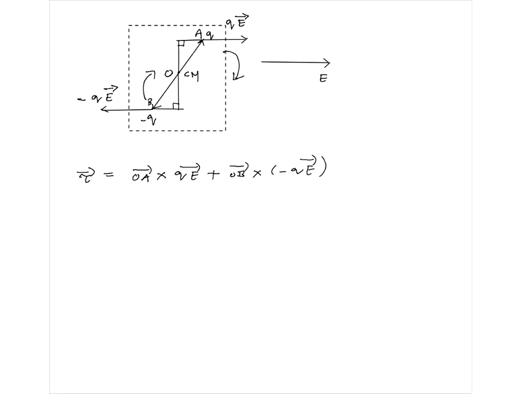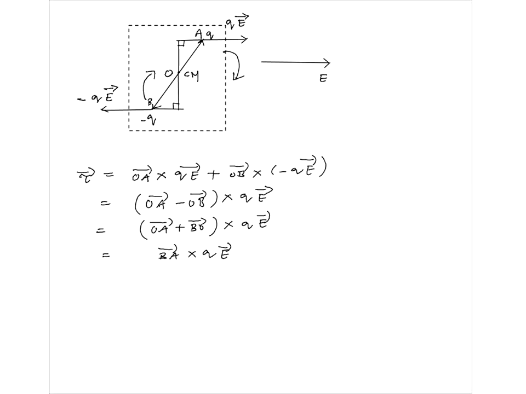So it can be written as OA minus OB cross QE, which is same as OA plus BO cross QE, but BO plus OA, that will be the BA vector. Direction of BA vector is from minus charge to plus charge.